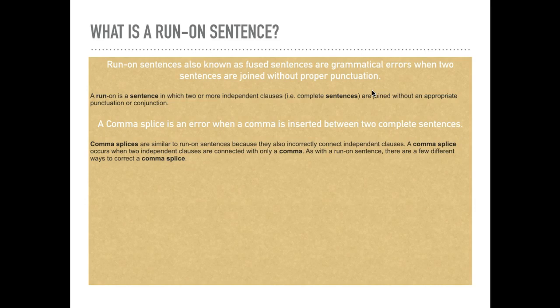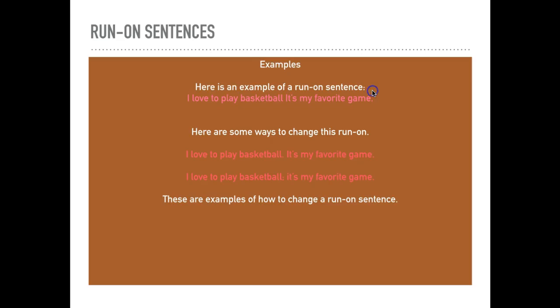A comma splice is an error when a comma is inserted between two complete sentences. Both of them are run-on sentences, whether there's a comma between two independent clauses or no punctuation mark between two independent clauses. They are both known to be errors in writing.